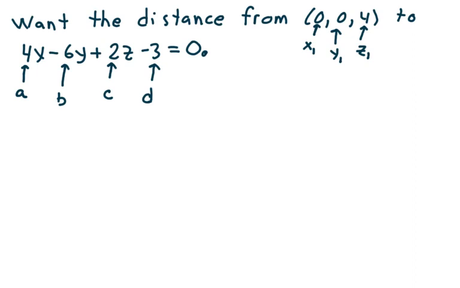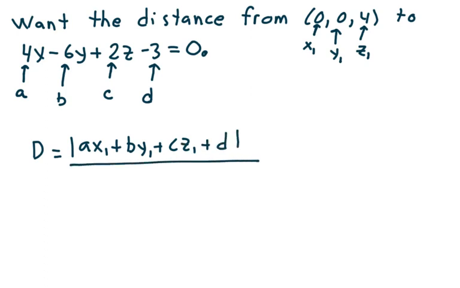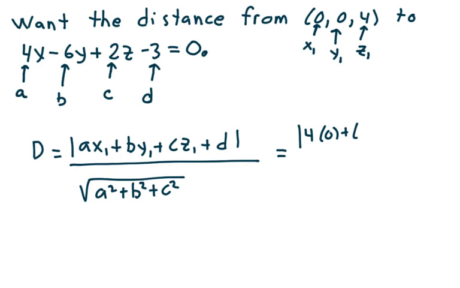And it's just a matter of plugging stuff in. Remember, capital D is the absolute value of ax1 plus by1 plus cz1 plus d, divided by the square root of a squared plus b squared plus c squared. And it's just a matter of plugging in. So I get 4, a is 4, x1 is 0, plus negative 6 times 0.